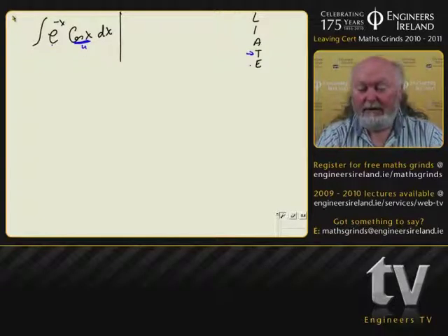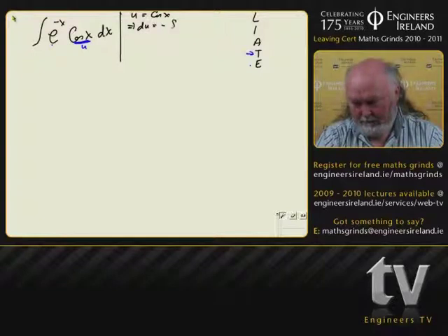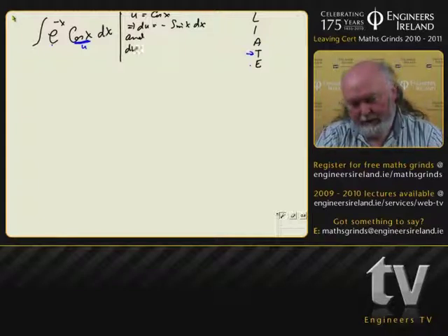So we can say u is equal to cos x. And if that was u, then dv must have been equal to e to the minus x dx.